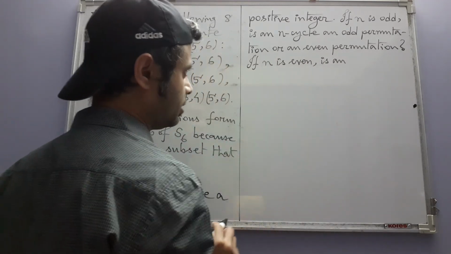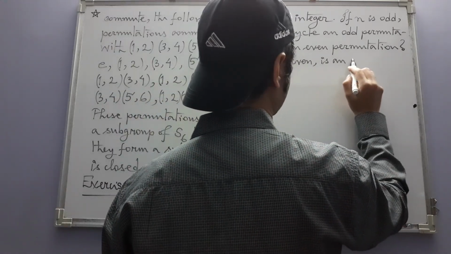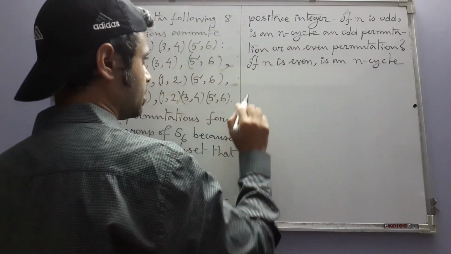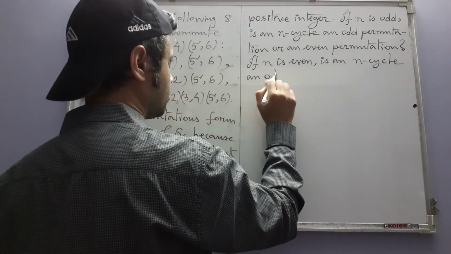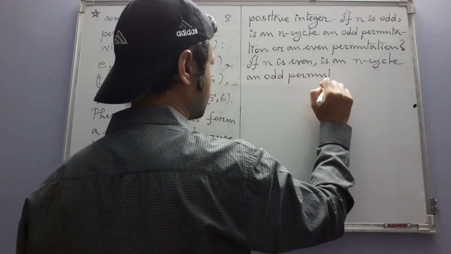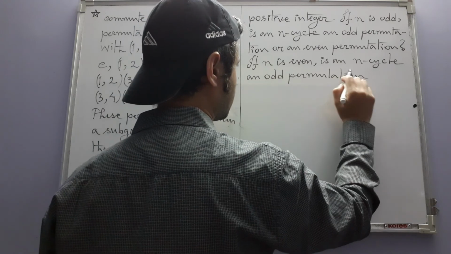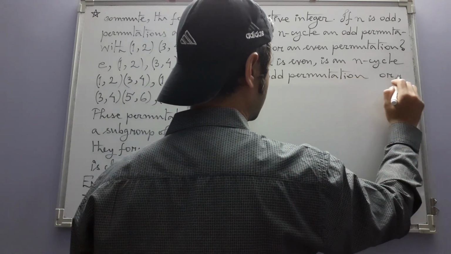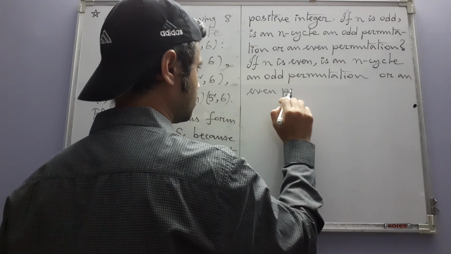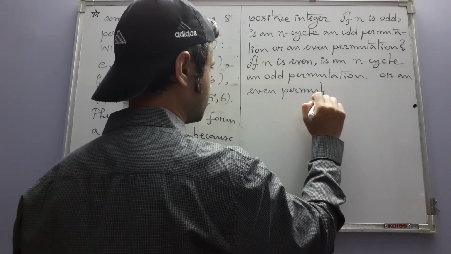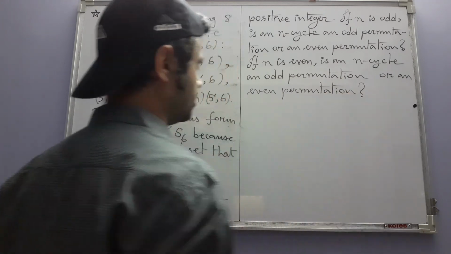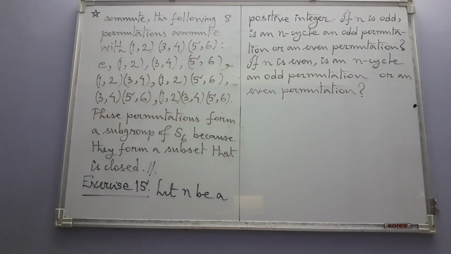And like that, if n is even, is an n cycle an odd permutation or an even permutation?